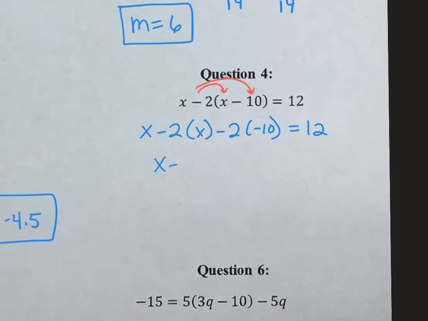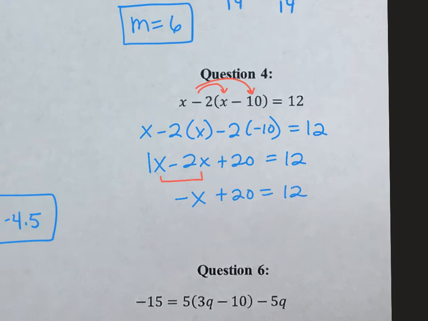Now it's x minus 2x, negative 2 times negative 10 is positive 20 equals 12. I can combine my like terms. X minus 2x, remember that's just a 1x. It's minus x plus 20 equals 12.